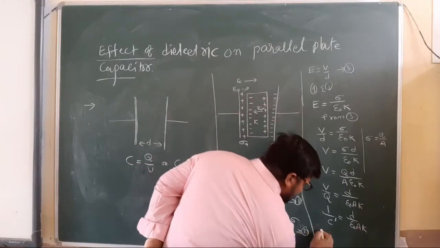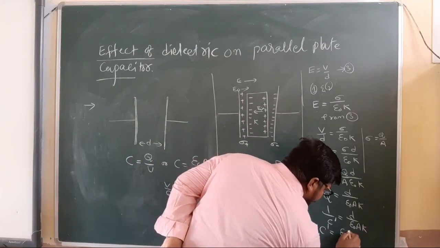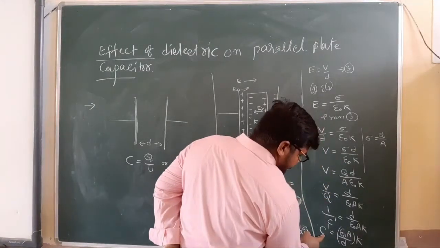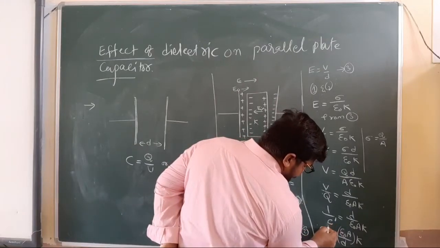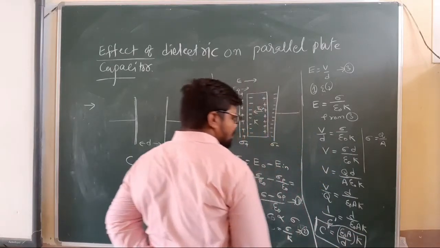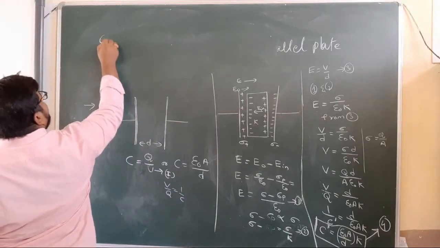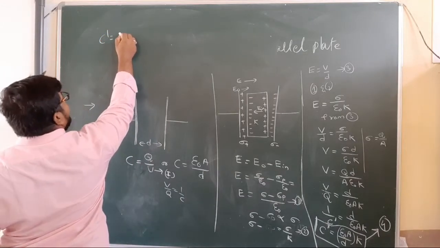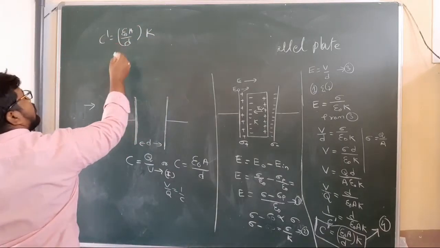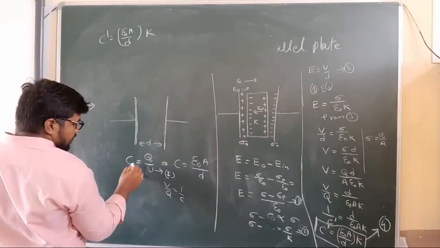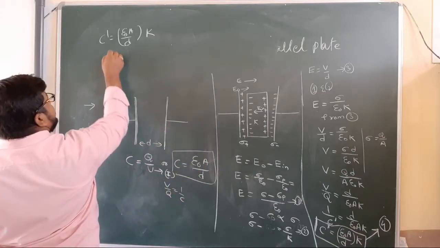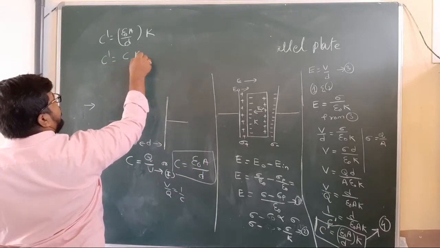Rearranging this equation, C dash is equal to epsilon naught A by D into K. Clear, my children? We know that in this case C is equal to epsilon naught A by D. So C dash is equal to C into K.